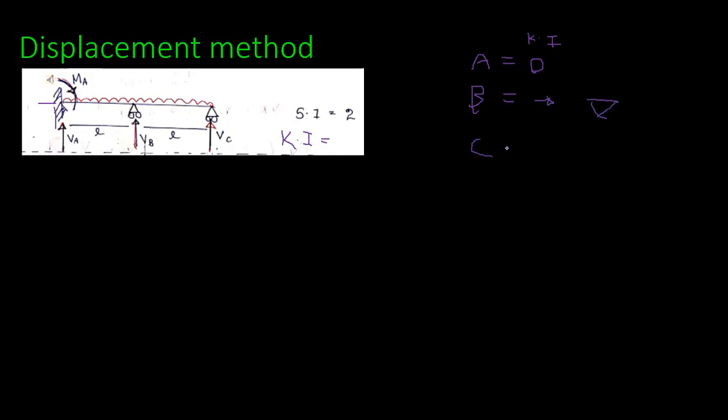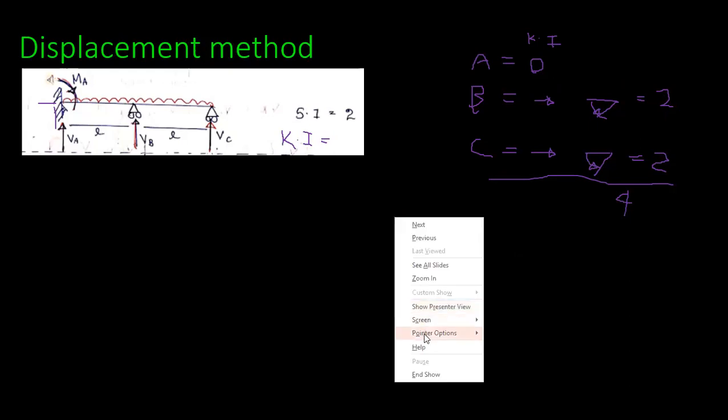At C, you have the displacement in x direction and the rotation, right? So altogether 2. So the total number is 0 plus 2 plus 2 is 4, right?